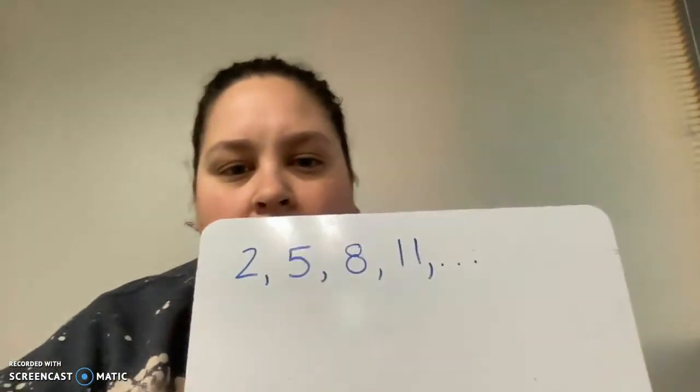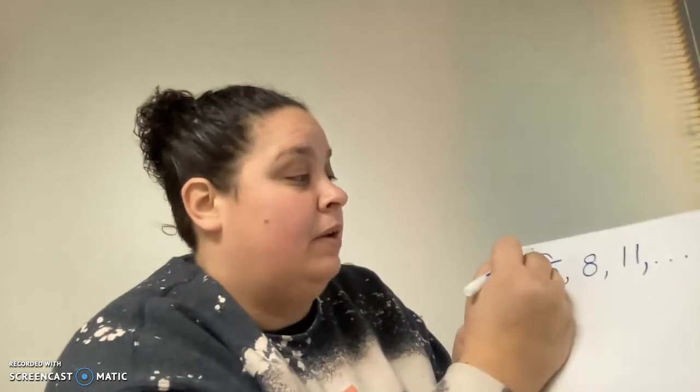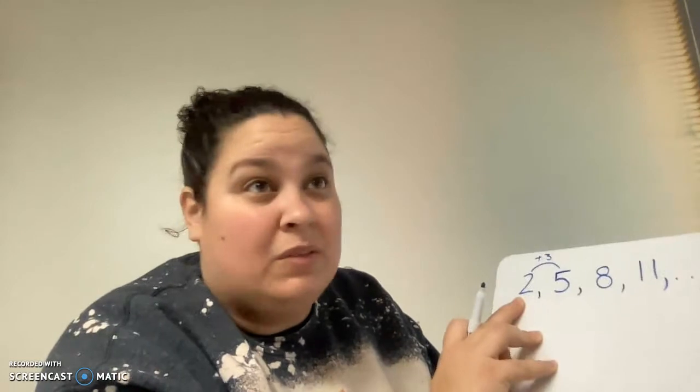So here we have 2, 5, 8, and 11. So again, first of all, I want to ask myself, is it going up or down? In this case, it's getting larger, so we know that it's either going to be adding or multiplying. So then we want to check from 2 to 5, what's happening? Well, from 2 to 5, I'm either adding 3 or multiplying 2 times what gives me 5, that's going to be a decimal.